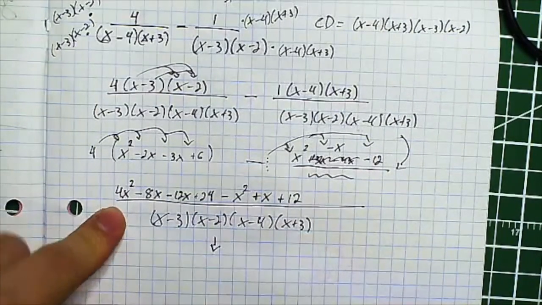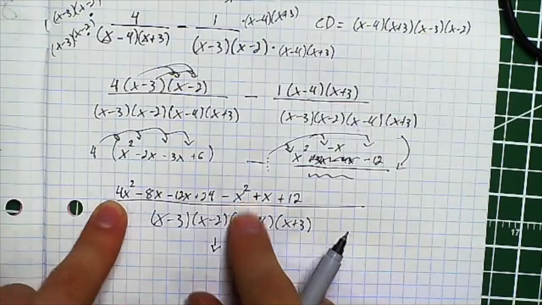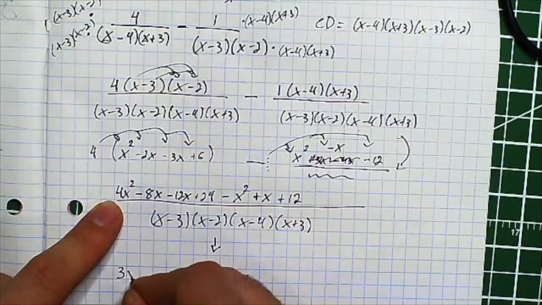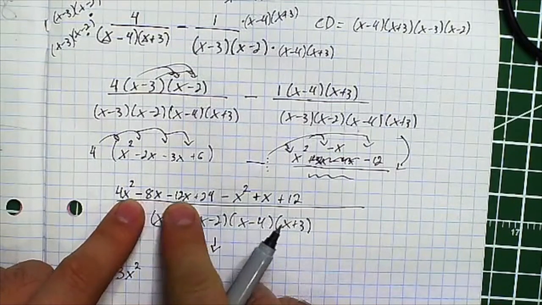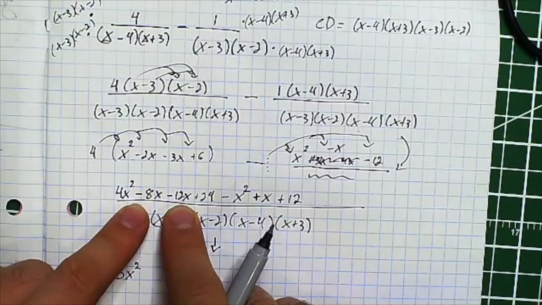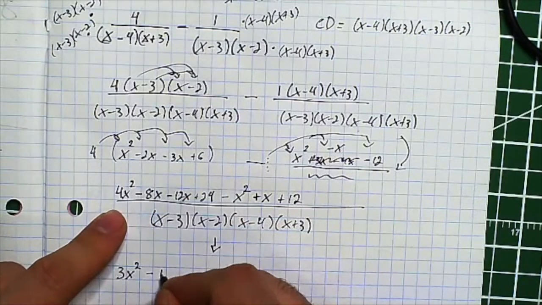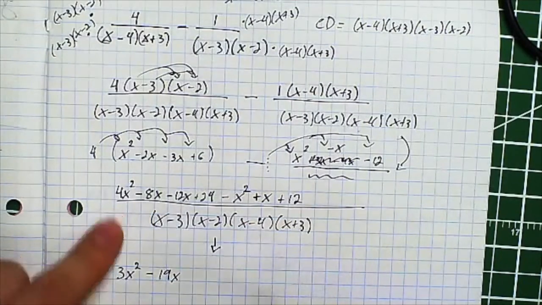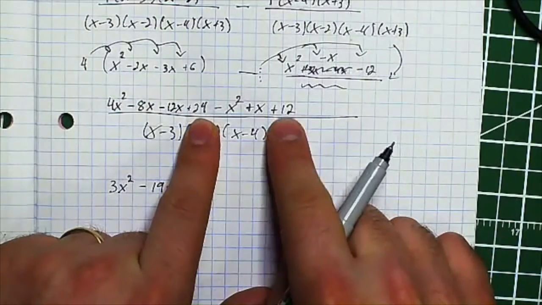The very last step is to combine all like terms down below. We have two x squared terms. We got 4x squared minus x squared turns into positive 3x squared. We have negative 8x, negative 12x, and a positive x. So negative 8 plus negative 12 is negative 20, plus 1x turns into negative 19x.